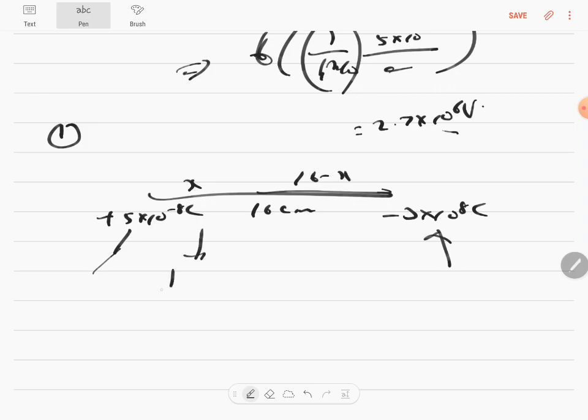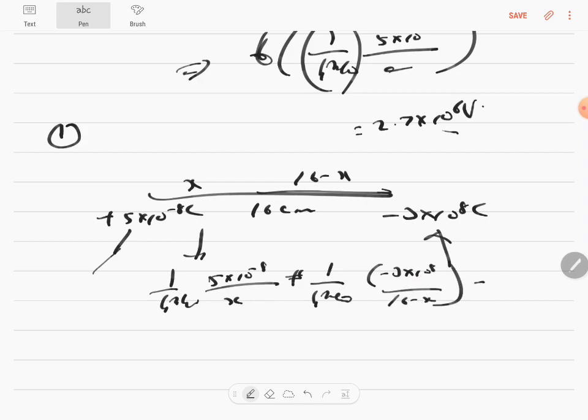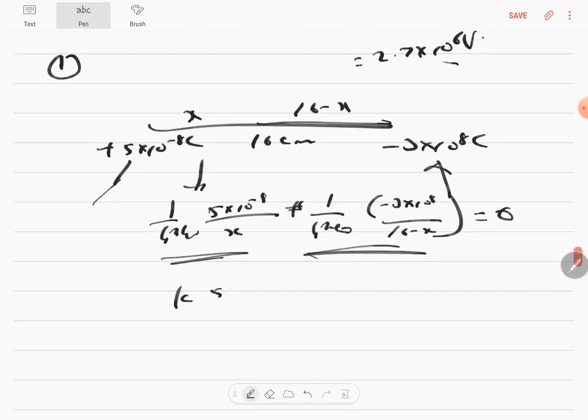The potential is 1 by 4 pi epsilon naught into 5 into 10 to the power minus 8 by x, plus 1 by 4 pi epsilon naught into minus 3 into 10 to the power minus 8 by 16 minus x. The addition of the 2 potentials has to be 0, so this is equal to this. So k into 5 into 10 to the power minus 8 by x is equal to k into 3 into 10 to the power minus 8 by 16 minus x.